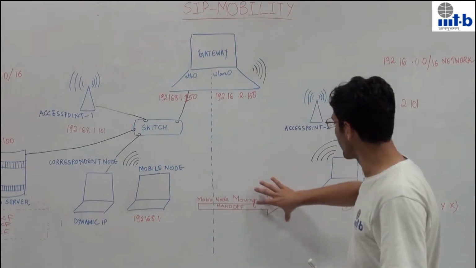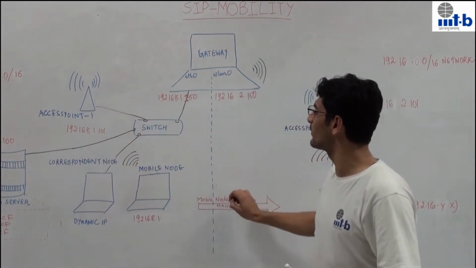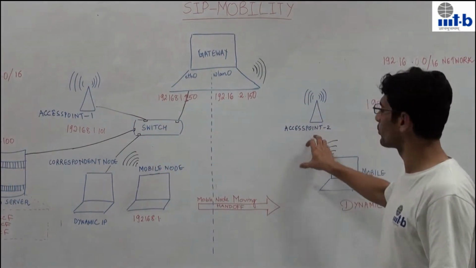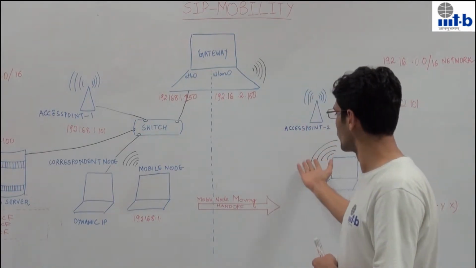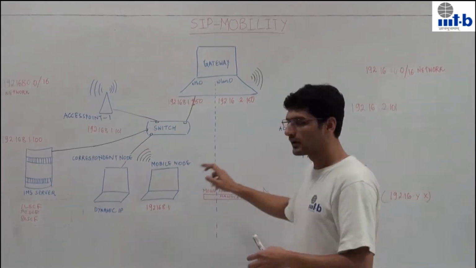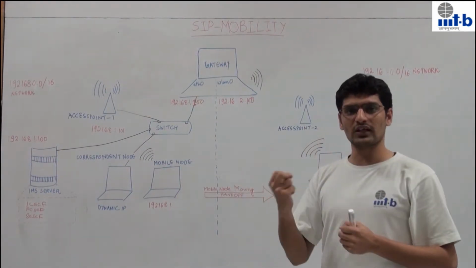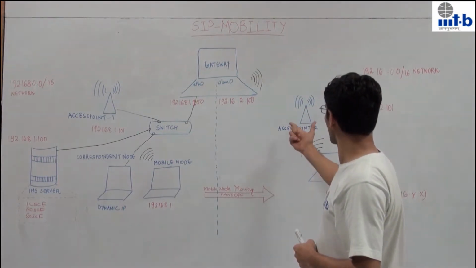When we move here, we are still in the range of access point 1, so we will stay connected to access point 1. But here access point 2 will provide a better RSSI level, so why not connect to access point 2? So we use a handoff script that matches the RSSI level we are receiving from both access points, and it detects the RSSI from access point 2.